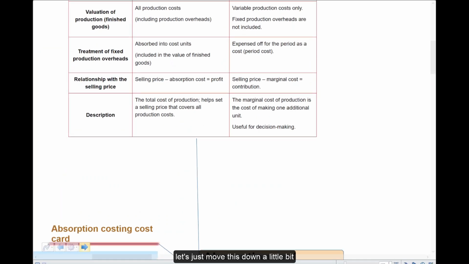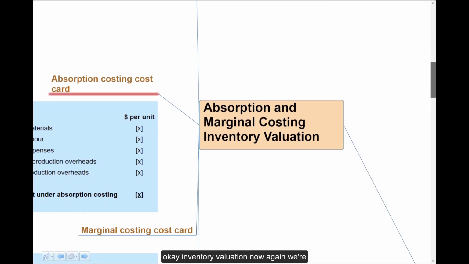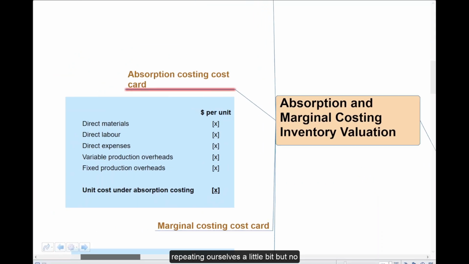Let's just move this down a little bit. Okay, inventory valuation. Again, we're repeating ourselves a little bit, but no harm. So an absorption costing cost card, okay? As you can see, all of the main elements that you would expect there, i.e. the prime costs, but right down at the bottom, fixed production overheads, giving us our total unit cost under absorption costing.